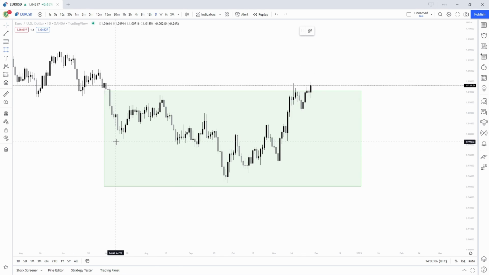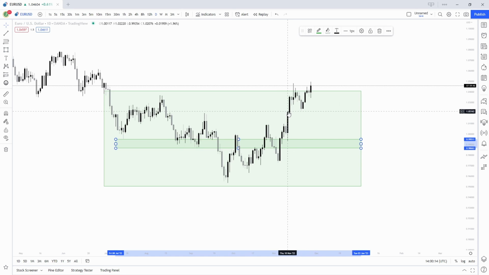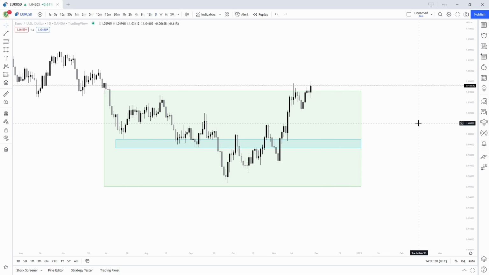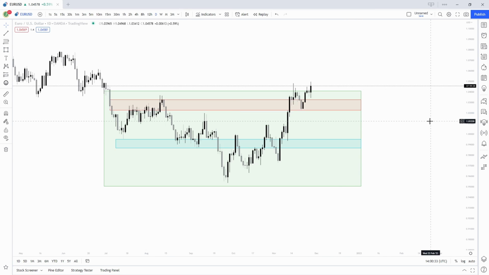We can see along this level here, however we may decide to interpret or draw that on, there's definitely a clear level that price is reacting from. I would suggest that this is a level of support, therefore a level of demand. On top of that, we also have this region up here that price has been reacting to as a form of resistance or supply.